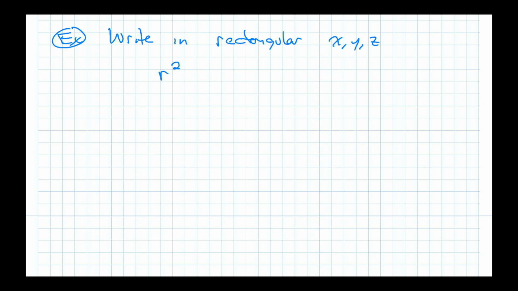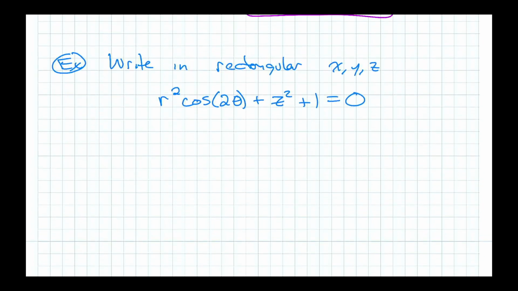We have r squared cosine 2 theta plus z squared plus 1 equals 0. Okay, so when I see this, here's what I do. I look at my conversions, right? Look at conversions for Cartesian and cylindrical.